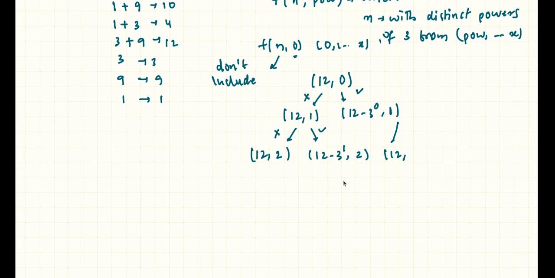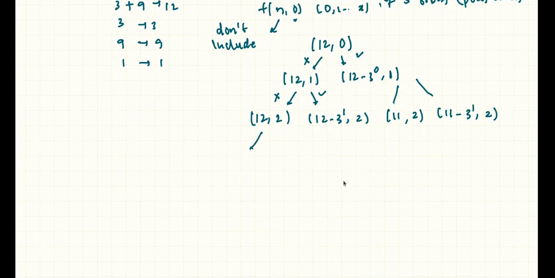3 power 0 is 1, right? So the value would be 11. Can 11 be formed with powers of 2 and above? So I am not including 3 power 1. If I include 3 power 1, can 12 minus 3 power 1 be formed with the powers from 2 all the way above?